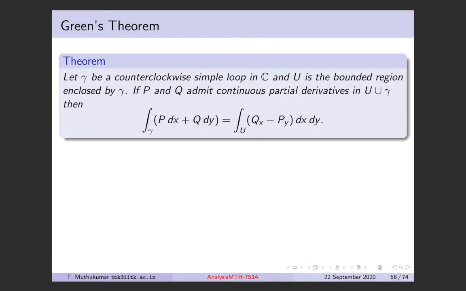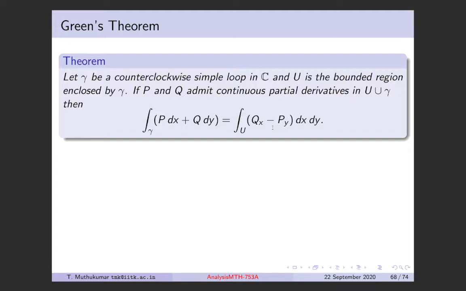What I mean is that the partial derivatives are continuous, and they can also be continuously extended to the loop gamma. Then the integral of P dx plus Q dy over the loop is nothing but the double integral. This is precisely what we used in the previous theorem.